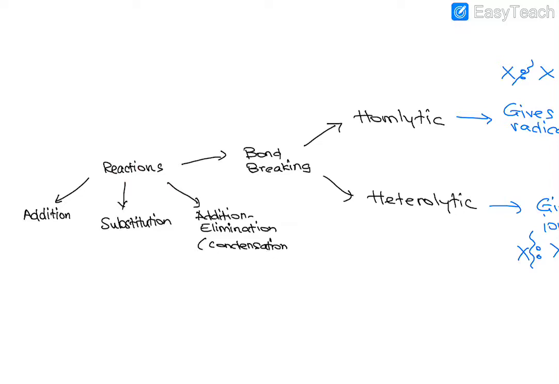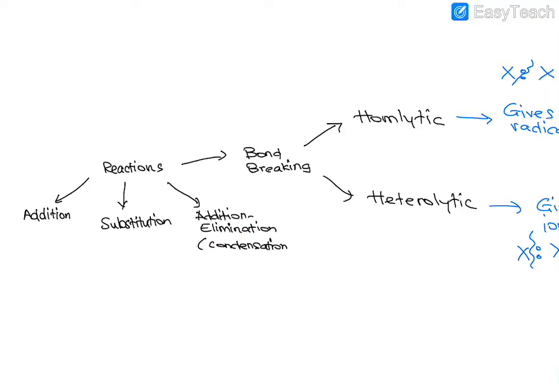So this is a little summary. So reactions consist of addition, where you have particles that add to an organic compound to have a single product. Substitution, replacing one atom in an organic compound. Addition elimination, so you have reactants that add together while eliminating small molecules.